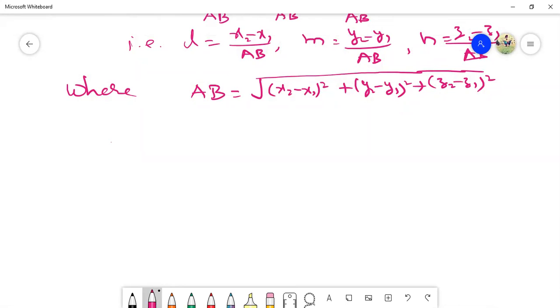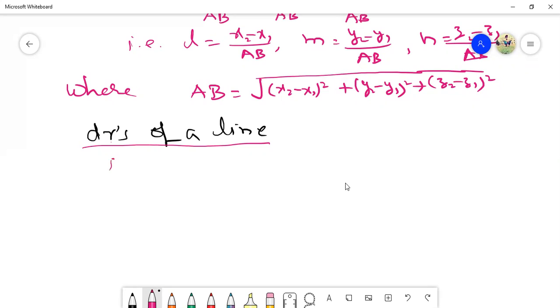DRs of a line. Now, what are DRs? DRs are the numbers which are proportional to the direction cosines.